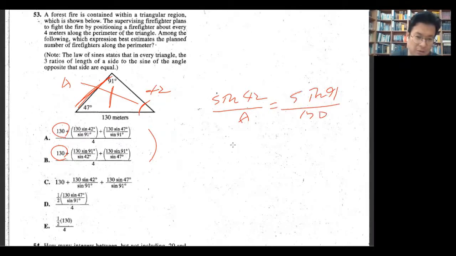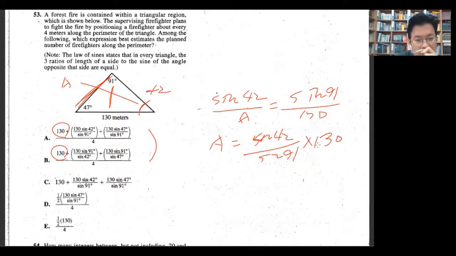So A is sine 42 divided by sine 90 times 130. That's A. So this is A then.